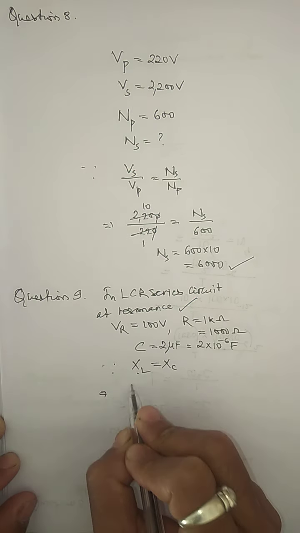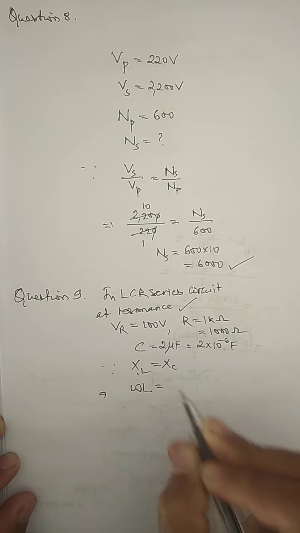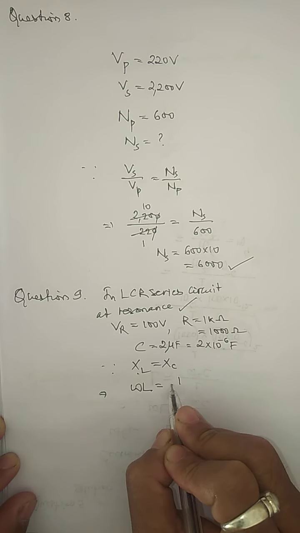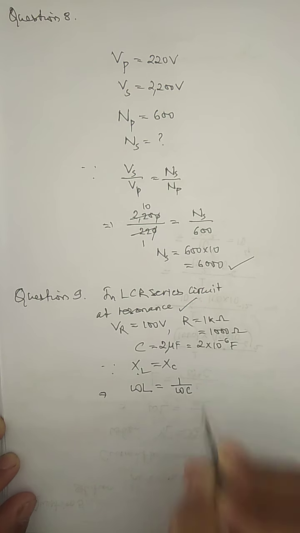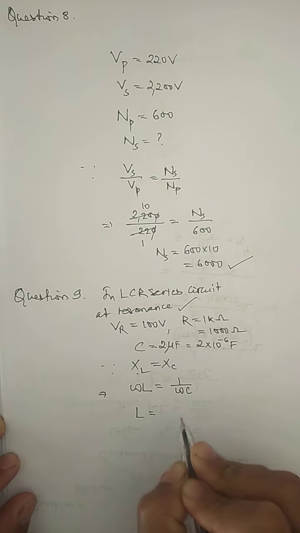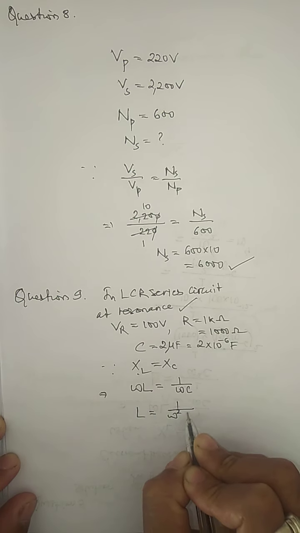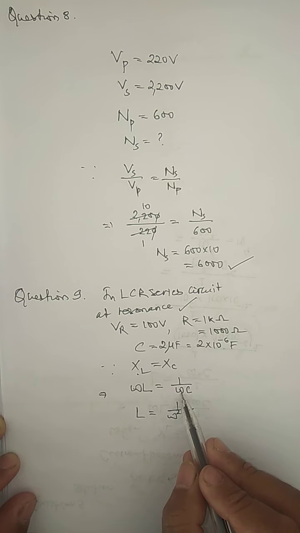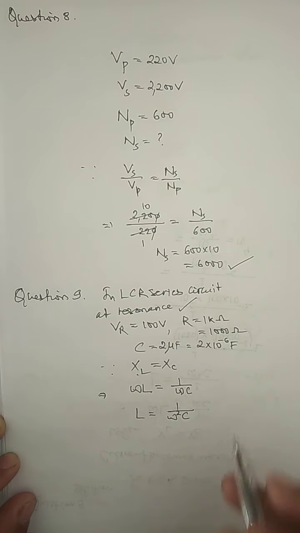Inductive reactance is given by XL equals omega L, and XC equals 1 by omega C. From this relation we can calculate L, so I make L the subject: L equals 1 by omega square C.